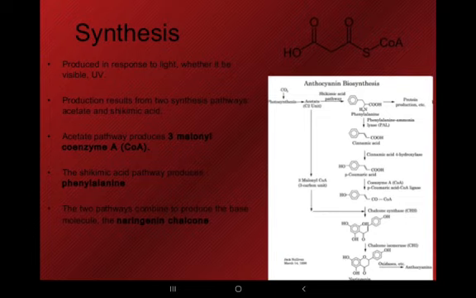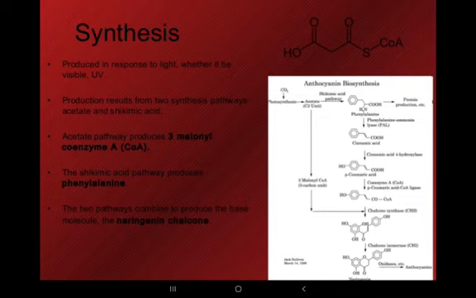The acetate pathway produces malonyl coenzyme A, the more reactive part of this biosynthesis. The shikimic acid pathway produces phenylalanine, the more active part of this biosynthesis. The two pathways combine to produce the base molecule, naringenin chalcone, which leads to the production of anthocyanins.